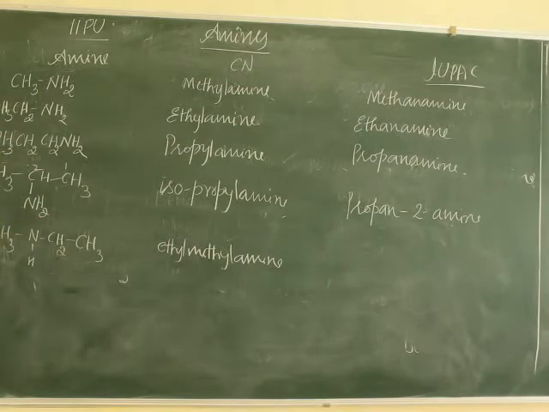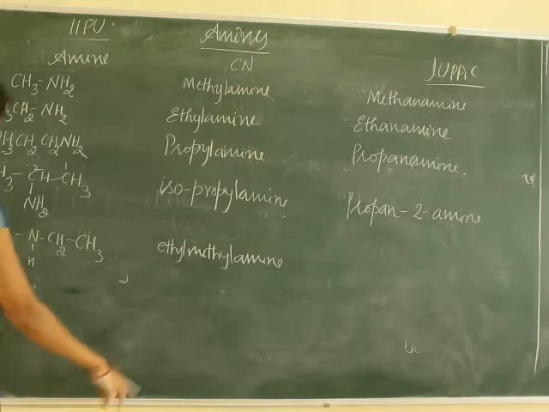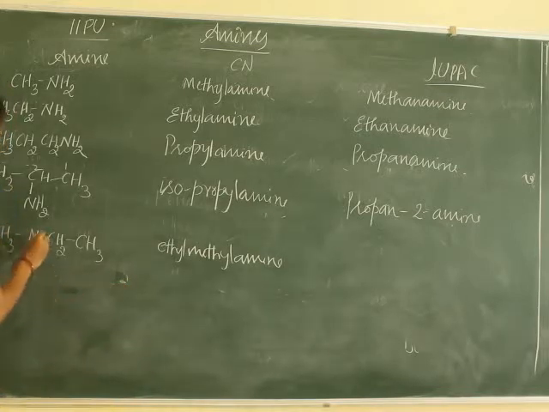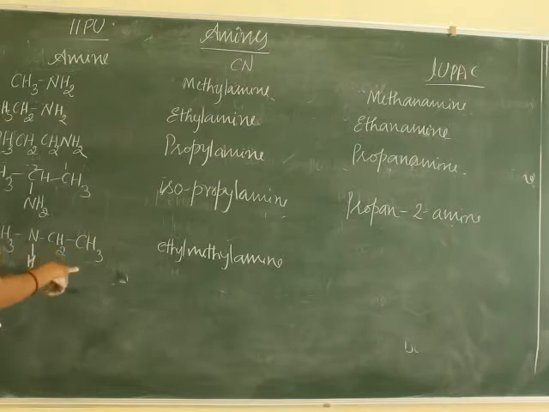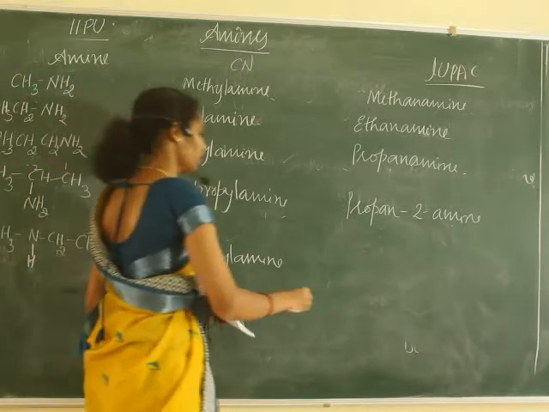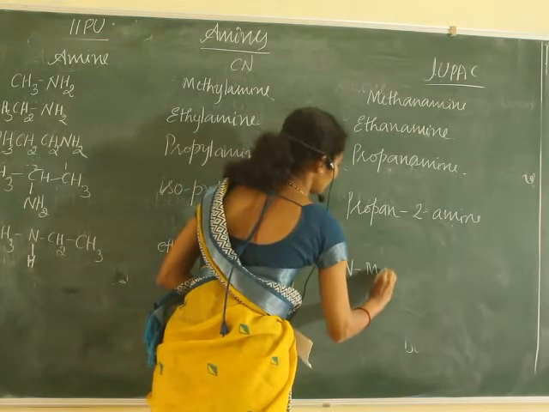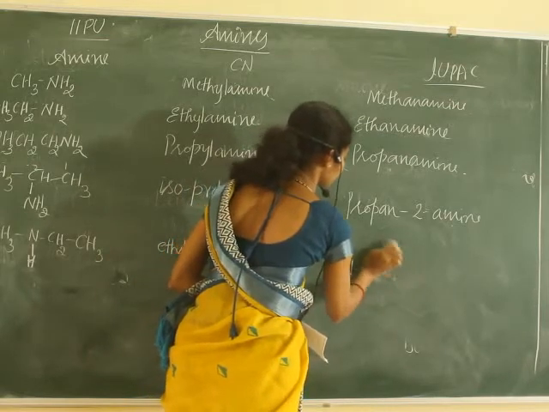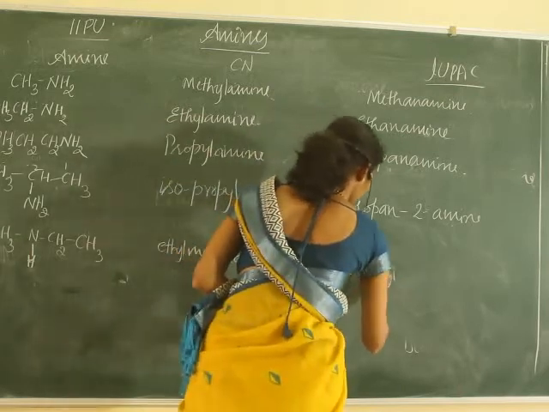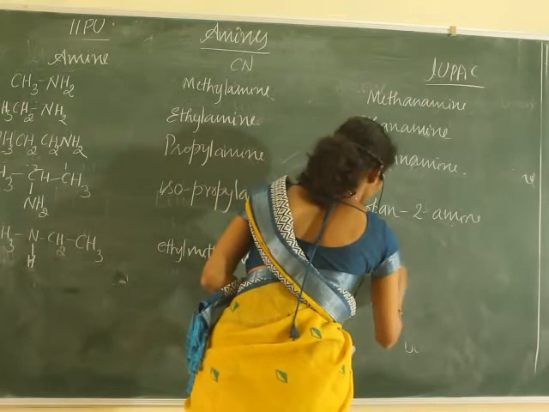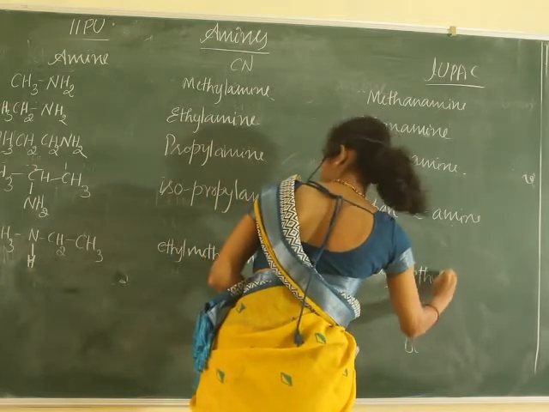Ethyl methyl amine is the common name of this compound, and now the IUPAC name. Be careful while writing the IUPAC name for these types of compounds. To this nitrogen, one methyl group is attached, one more ethyl group is attached. Hence, the IUPAC name of this compound is N-methyl ethyl amine.